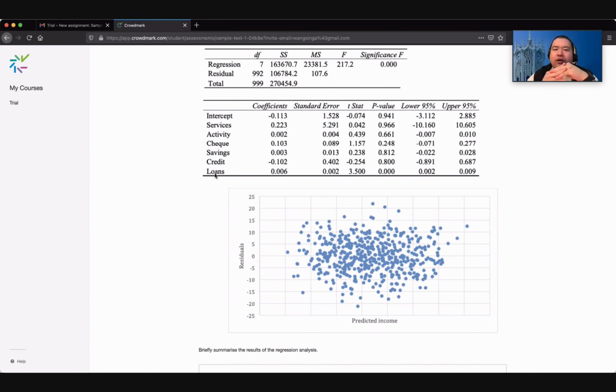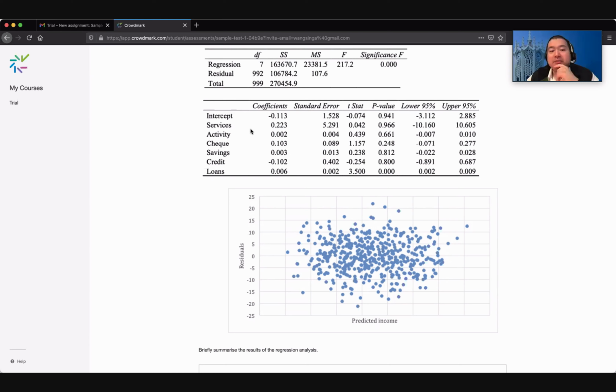I think one suggestion for all of you is, when I marked your group assignment 2, I noticed that you have separated the discussion, but I think it's better to merge the discussion. What do I mean? For example, when you see the surface coefficient is 0.223, you can say the surface is positively associated with income, and the coefficient is positive 0.223.